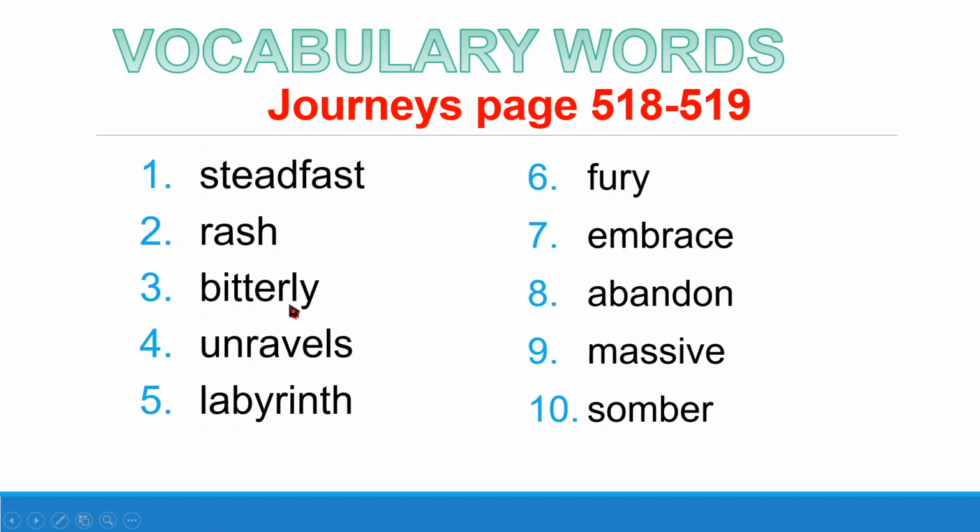Number 3, bitterly. 4, unravels. 5, labyrinth. 6, fury. 7, embrace. 8, abandon. Number 9, massive. And number 10, somber. These are the 10 words that you're going to learn and have some activities upon today.